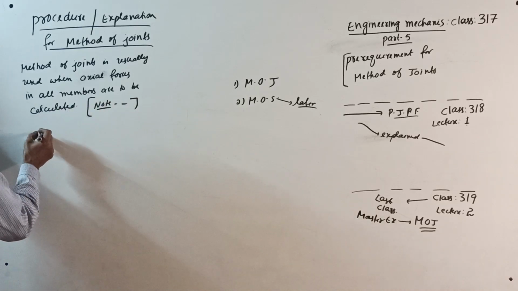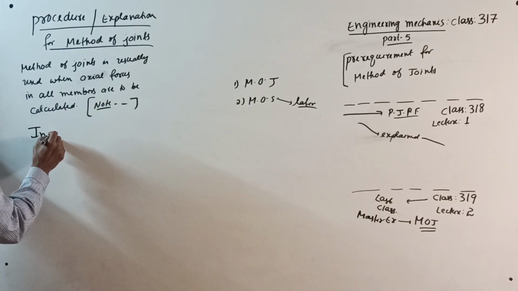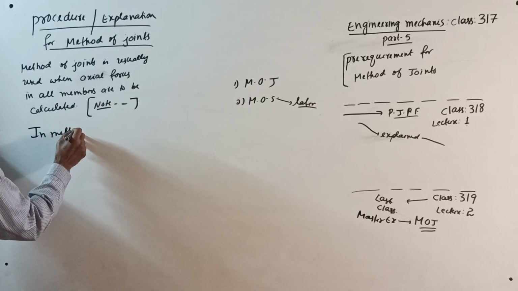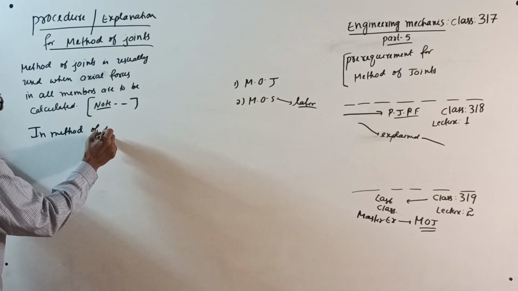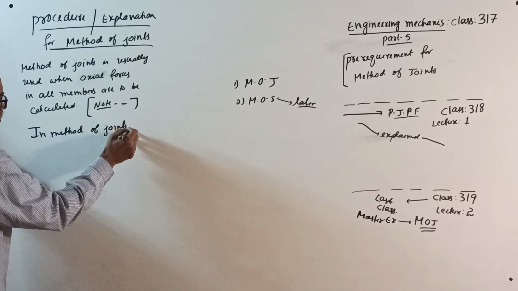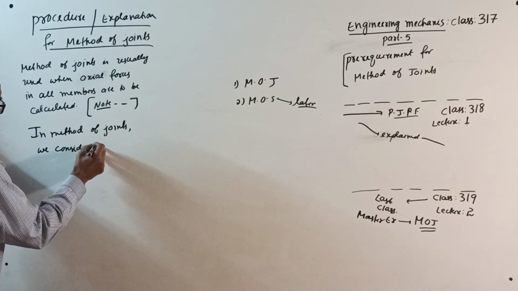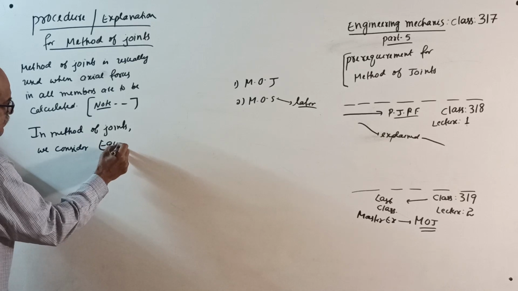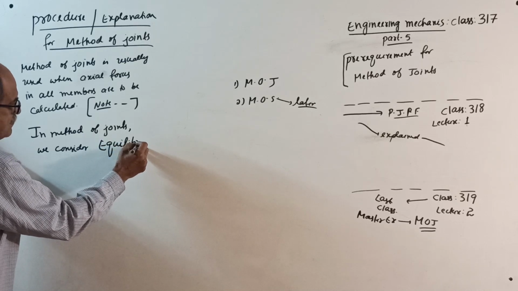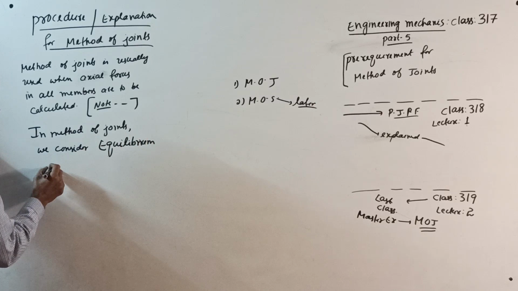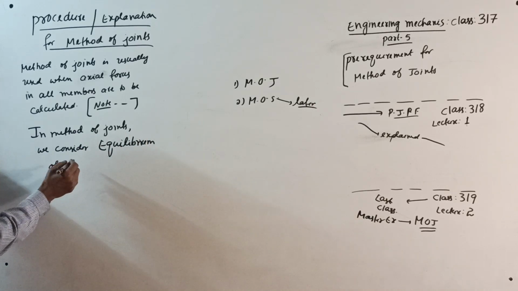Then, in method of joints, it's very important. In method of joints, we consider equilibrium of joints.